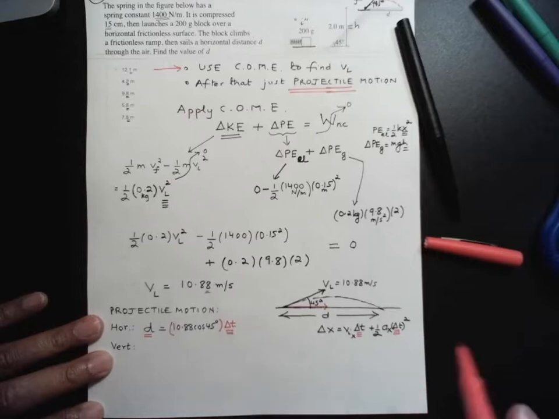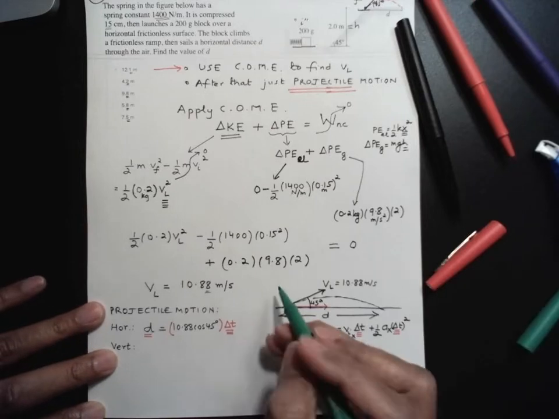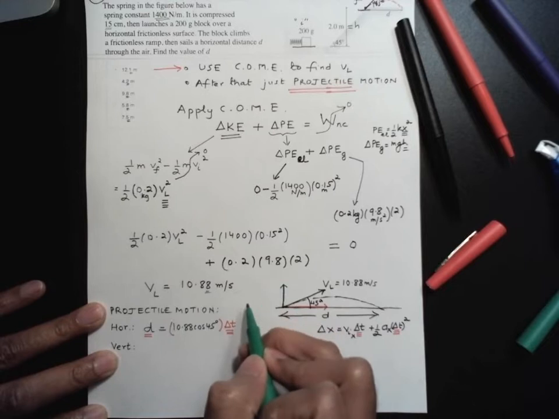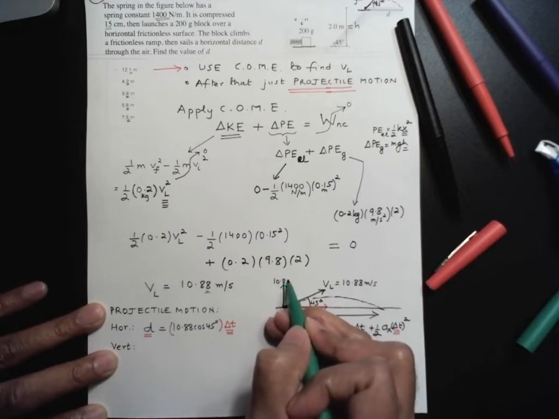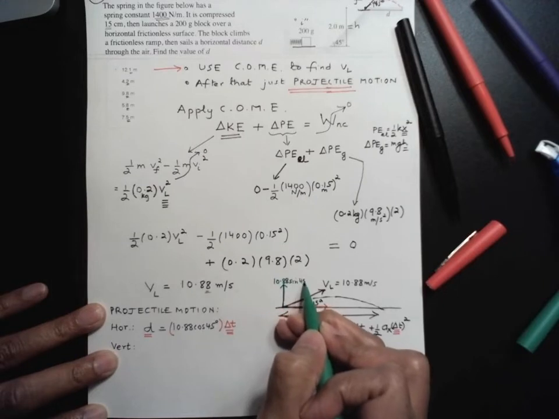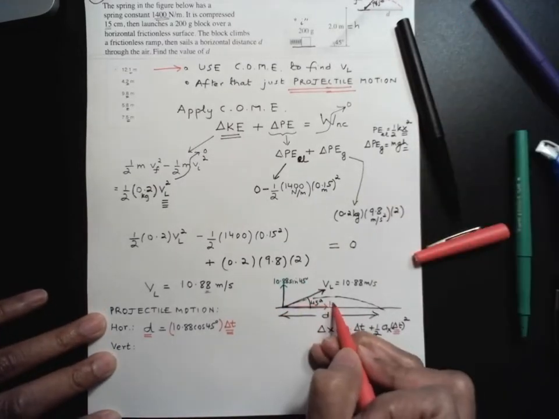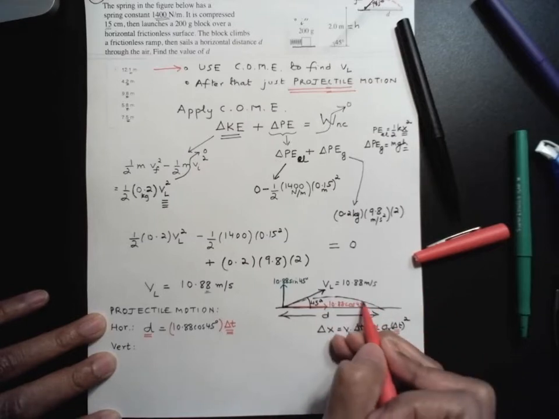But where would I find delta t from? Well, I will get it from the vertical direction. And in the vertical direction, here's your v initial, and this is 10.88 sine 45. And this was 10.88 cosine 45.